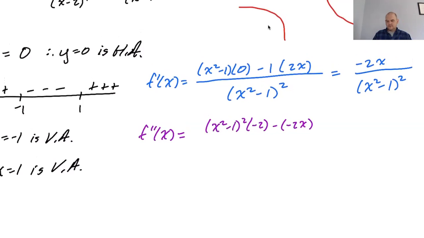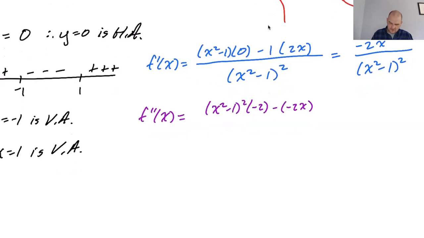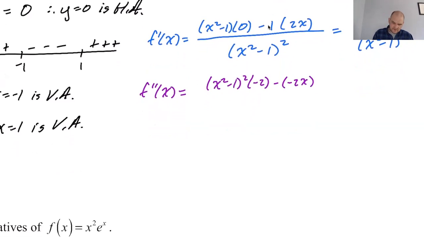Derivative of the bottom. So I have to expand the bottom to be able to do that. I'm going to do a little side problem here. Okay, so we need to find the derivative of the expansion of that.